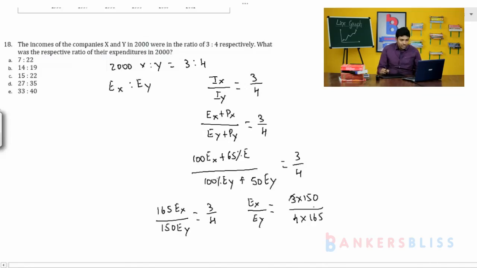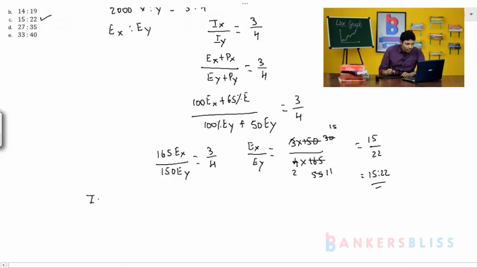Now see here, 3 ones are 3, 3 5s are 15, 3 5s are 15. Now 5 11s are, 5 3s are 15, 30 you got. Now 2 15s are, 2 2s are 4 you got. Now 15 by 22, which is equal to 15:22. So option C is the right answer.